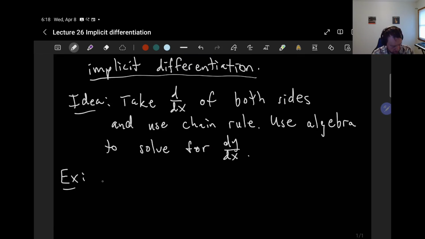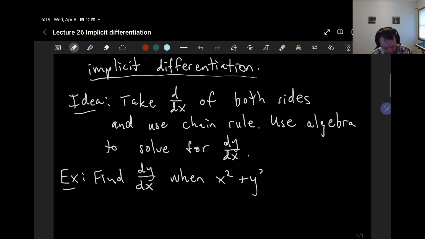Okay, a few examples here. We want to find dy dx, the derivative of y with respect to x, when we have this relationship. It's actually a circle if you graph it. Circle centered at the origin of radius 5.